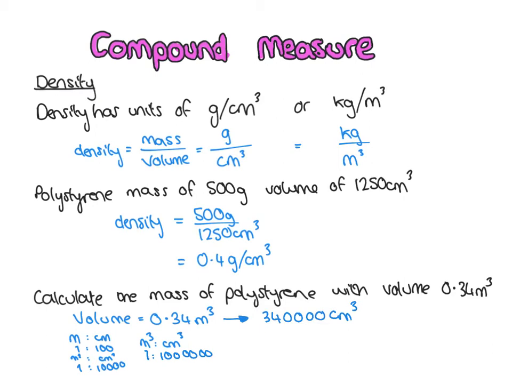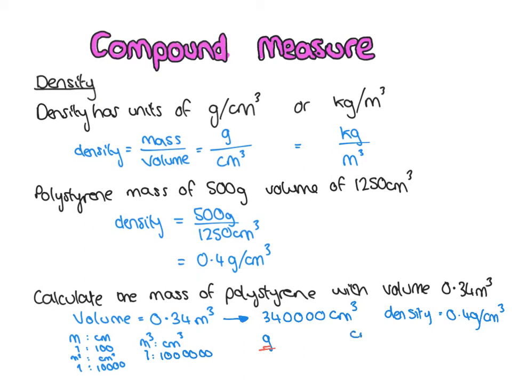And we know we have a density equal to 0.4 grams per centimetre cubed. We want to get to a mass, so we want an answer in grams. What do we do with these two units?